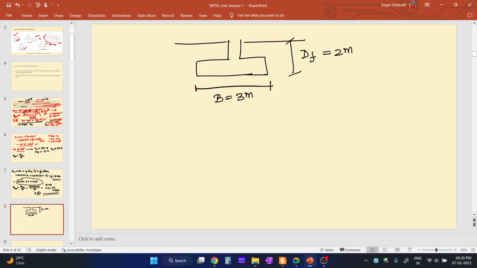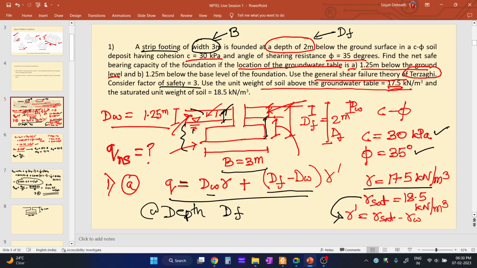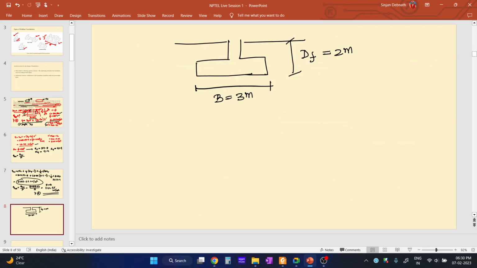And your groundwater table in the second part is 1.25 meter below the base level of the foundation. So here is the groundwater table, GWT.